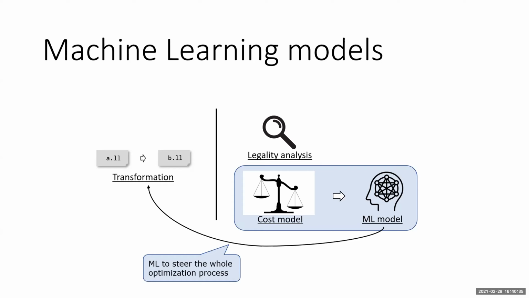The cost models and heuristics are really complex; few people know how they work. They are designed for what usually works best in benchmarks. However, I believe that machine learning models can do better than that. And then the second area is that machine learning can steer the whole optimization process. It can decide what transformations to make, and can also decide the order in which to make them.